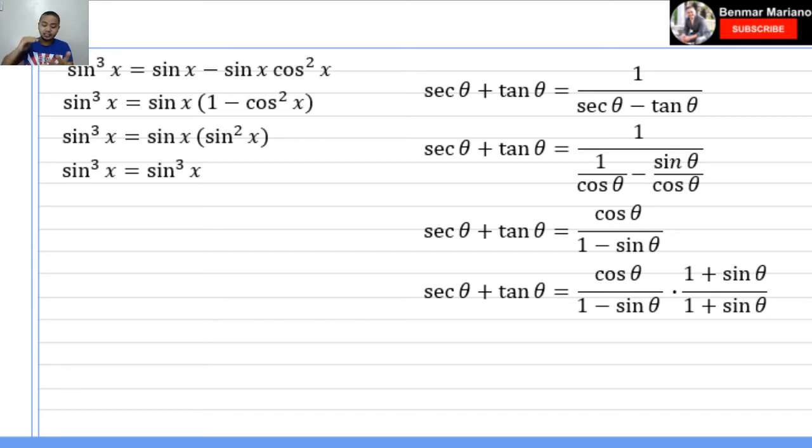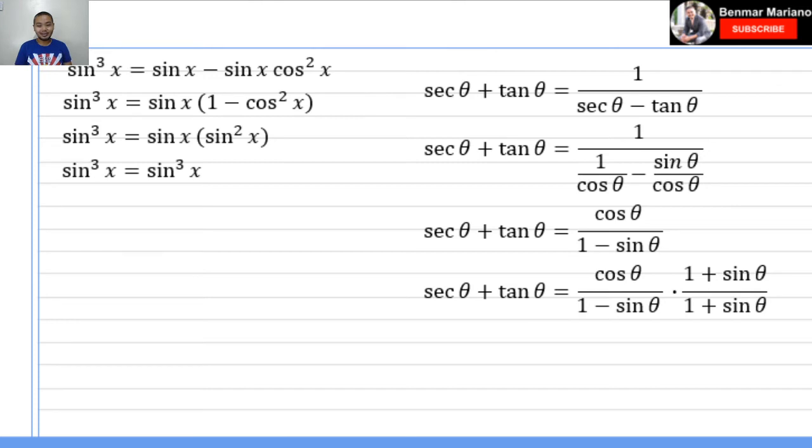In that case, it's more on familiarizing yourself, it's more on exposing yourself. Through exposure, through familiarizing yourself in proving trigonometric identities, you can easily identify that that must be the expression to multiply to the given expression. Okay, so that is through practice. There's no formula here, there's no shortcut here, so there's no technique. So you need to familiarize, you need to expose yourself to this type of exercises.